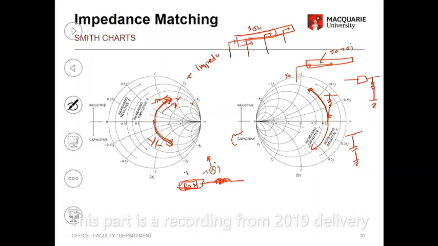So we have four types of elements now. These are pretty much all the four elements that we can have in a circuit, apart from the real resistive parts. These two on the impedance Smith chart go in these two ways. These two are represented in the admittance Smith chart. Now, do you remember that part so far?